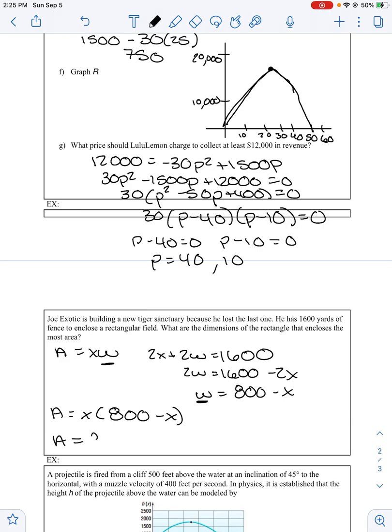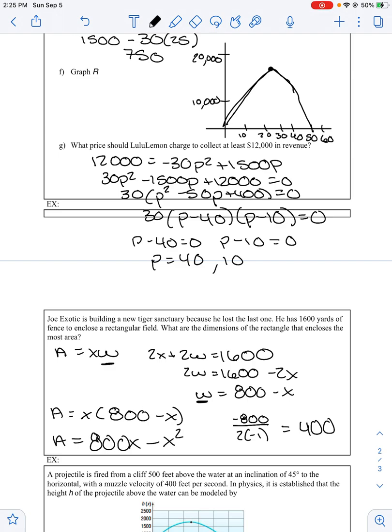So A equals 800x minus x squared. And then here, what are the dimensions of the rectangle that encloses the most area? And so again, the most would be finding the vertex. So negative 800 over 2 times a, which equals 400.